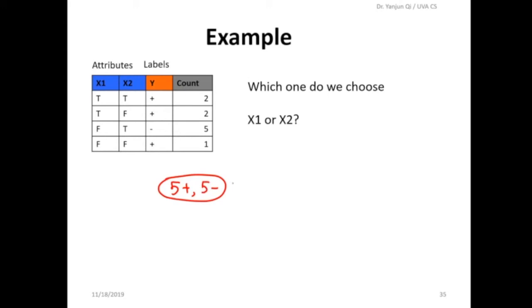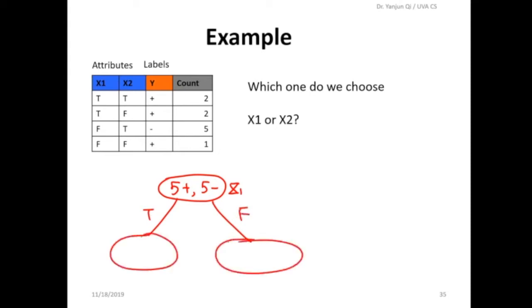If I use x1 to split, what do I get? True or false, and then what type of node do I get? If I'm doing x1, so this is the true branch, it gives me 4 positive, 0 negative.